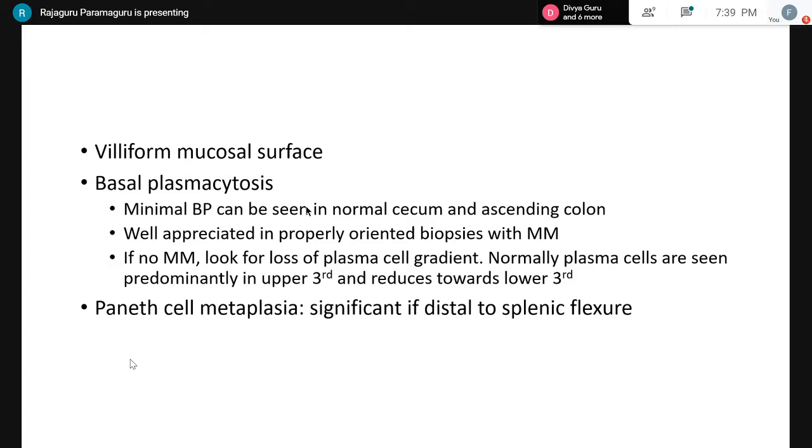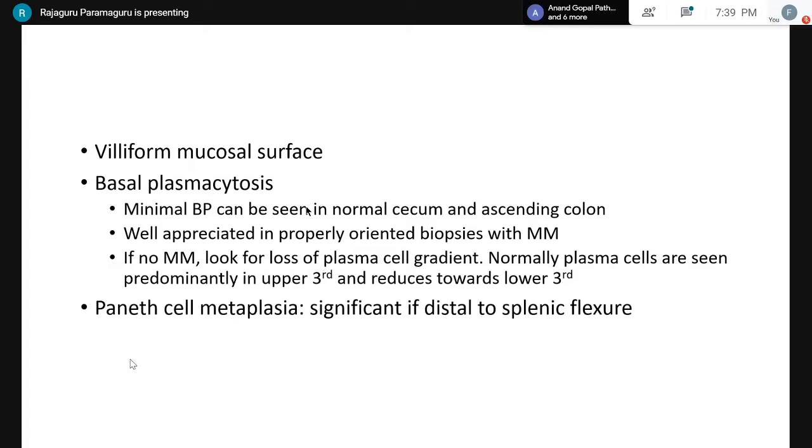So we don't have a problem in diagnosis. But when it comes to Crohn's disease, we'll have to make sure that we find other histological features like a granuloma or chronic changes with active inflammation and so on. So we will have to keep in mind that a minimal basal plasmacytosis can normally be seen in the cecum and the ascending colon. In a properly oriented biopsy, this basal plasmacytosis can be very well appreciated.